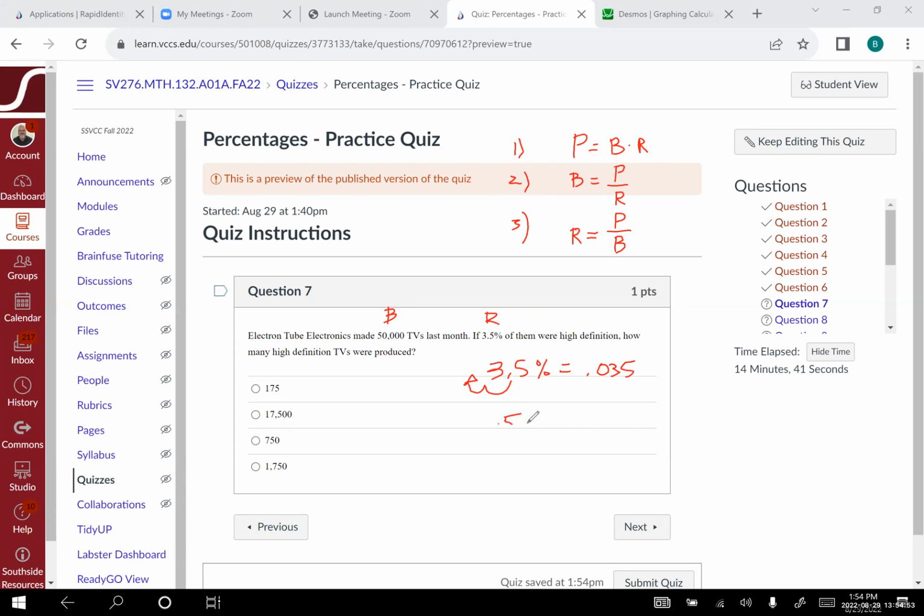So we do 50,000 times 0.035. And that's what, 1750? Yeah. All right, good.